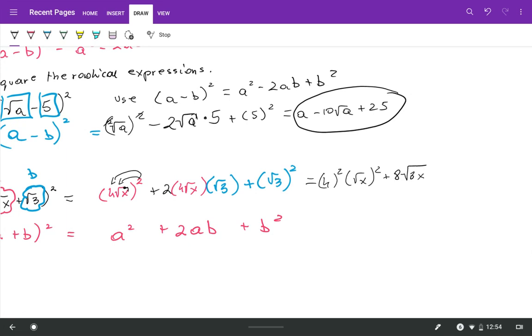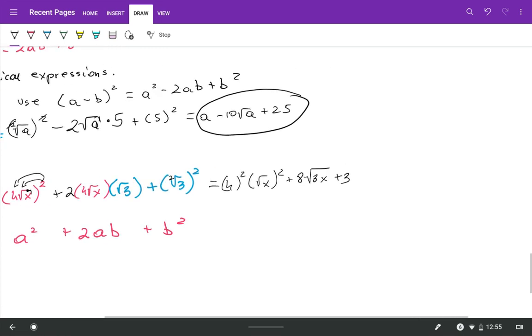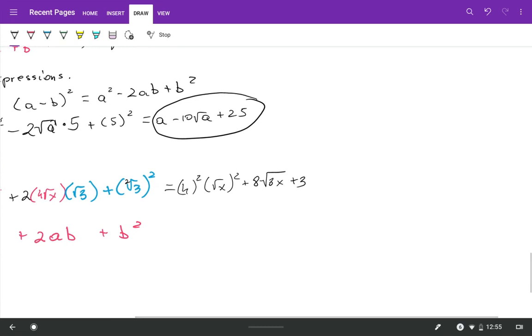And we know that when the radicals have the same index, you can write them under one radical, so that will be x times 3, which is 3x. And here's square root of 3 to a second power, the index and the exponent match, so that will be just plus 3.